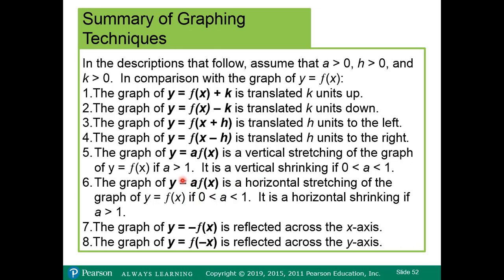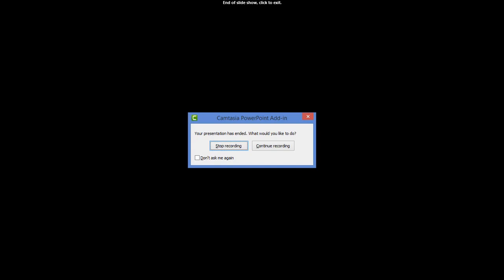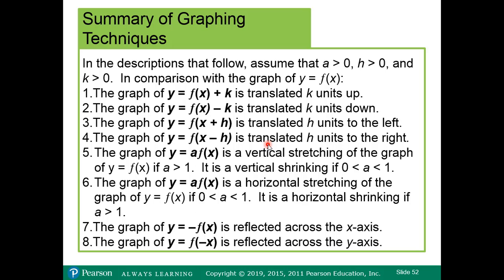Hold on a second. This a should be inside. That's not right. Sorry, this is a typo. It should be ax. So this should be ax in here, not out here.